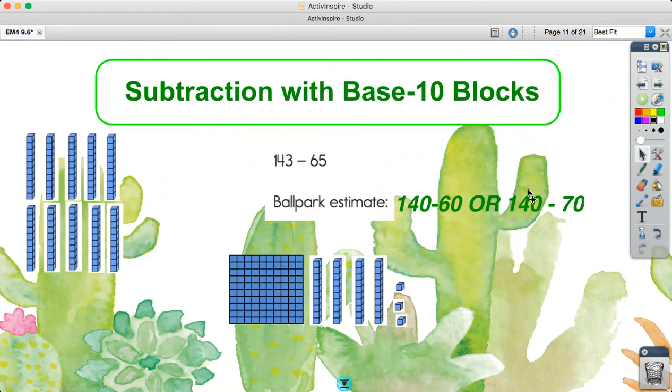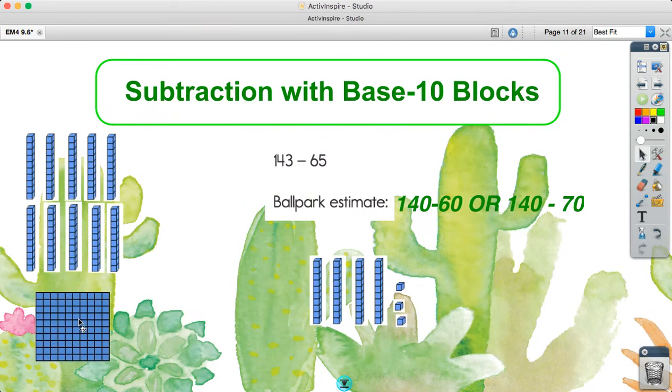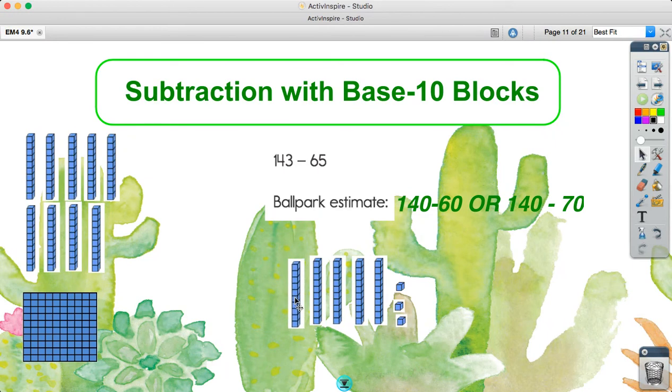Now let's try to find the answer. 143 minus 65 is our problem. I made 143 using my base 10 blocks. Before I can subtract my 65, I need to exchange. I'm going to move or trade my flat over here for 10 longs.